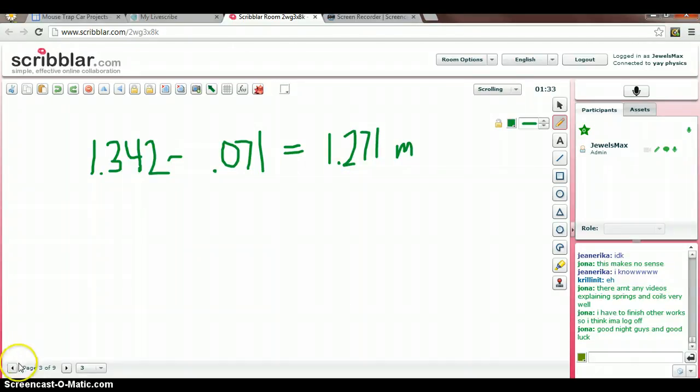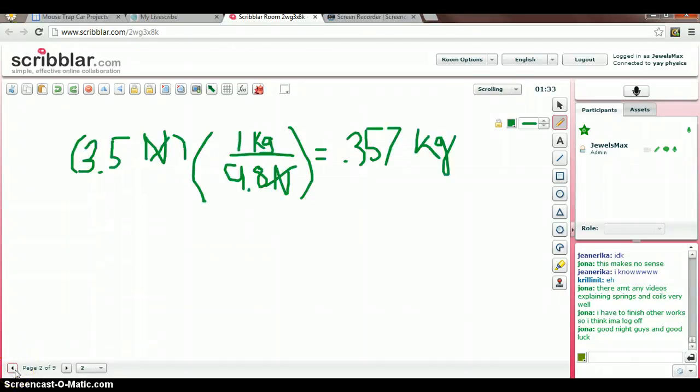So moving on to the mass of my Mousetrap car. There are 9.8 newtons stored in every kilogram of mass.